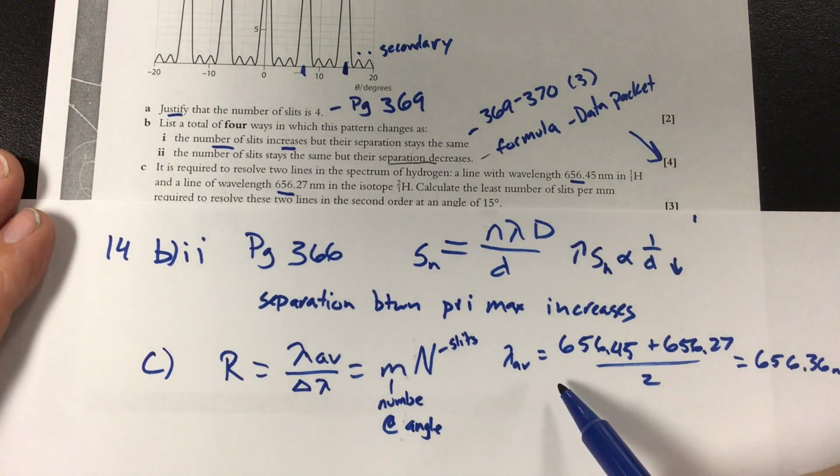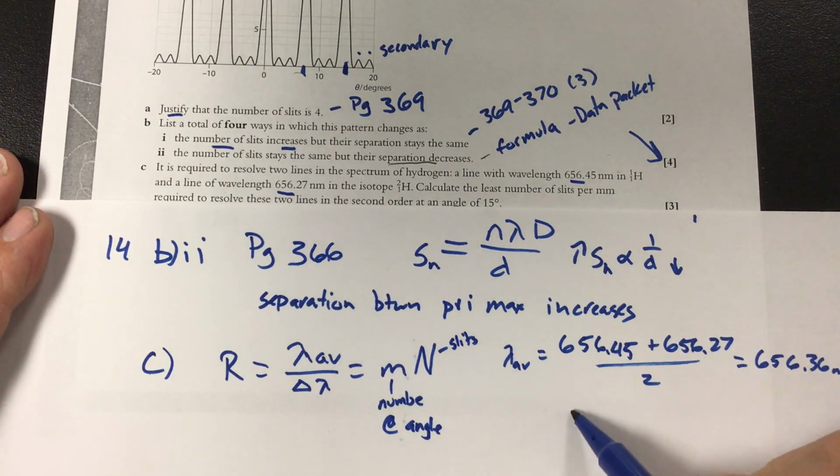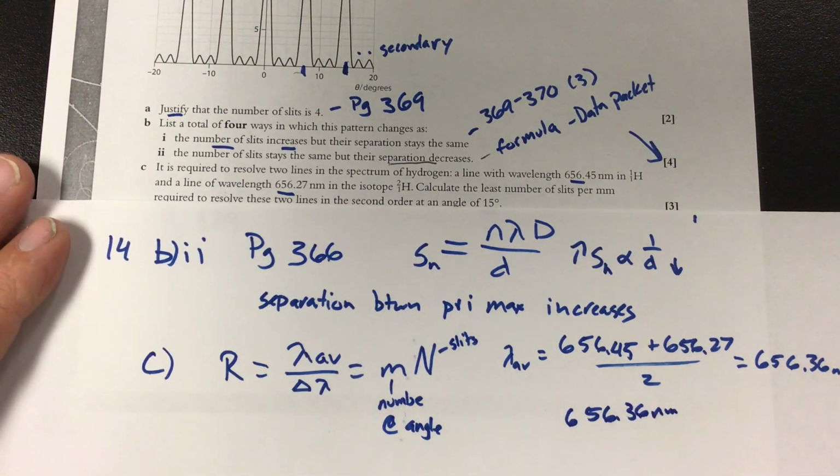I've done a little ahead of time here. The average wavelength is 656.36 nanometers, and I'm just going to plug that in.